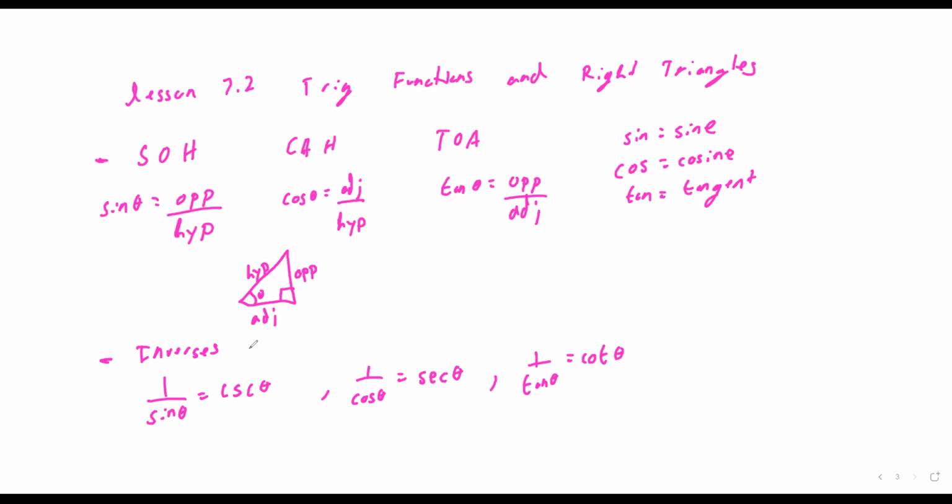Now, with that said, cosecant being the inverse of sine, we'll just flip this fraction. So cosecant's ratio is hypotenuse over the opposite. Secant's ratio would be hypotenuse over the adjacent. And then the cotangent's ratio would be the adjacent over the opposite.